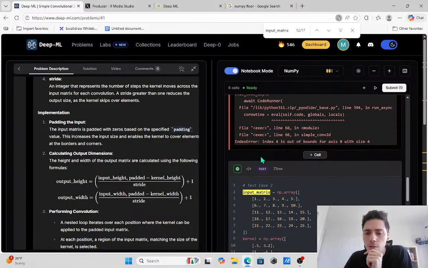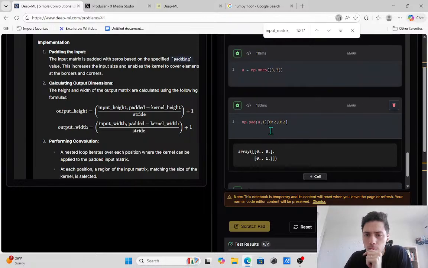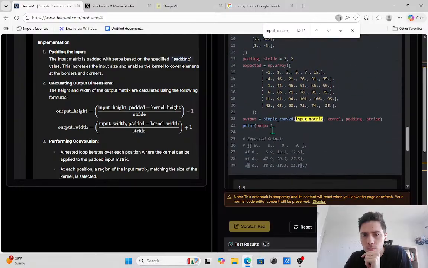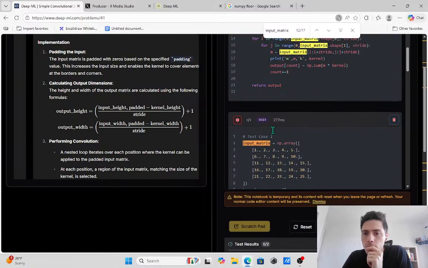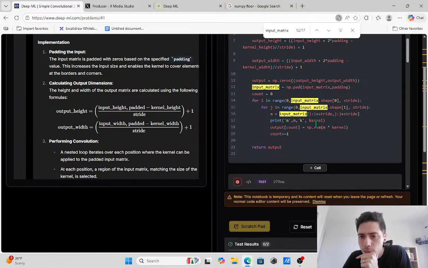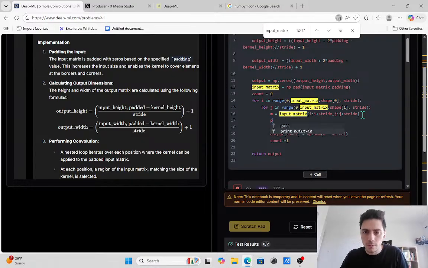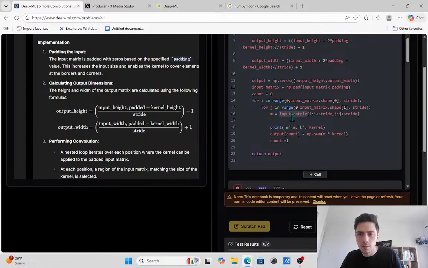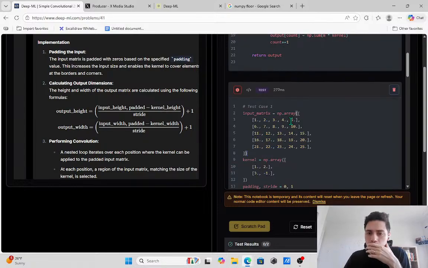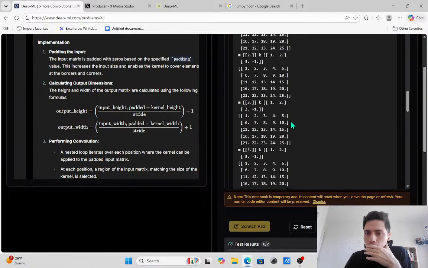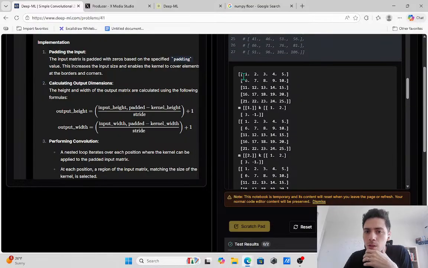Still having an issue with that. Let's see. This is what I would imagine it would be doing. Where were we? So we know what M is. So we're only getting the 1.